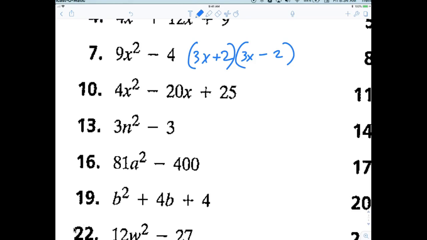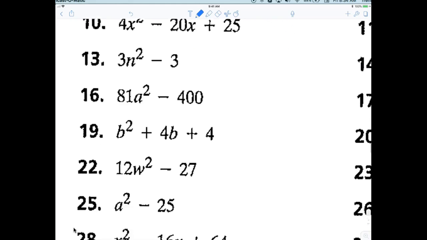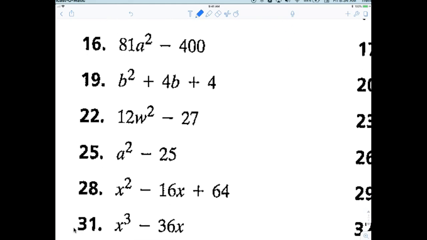You with me? Just on the ones like that. Doesn't matter if it's positive. Look at 16 now. Same problem. This time it would be what? 9a, 9a, plus 20, minus 20.